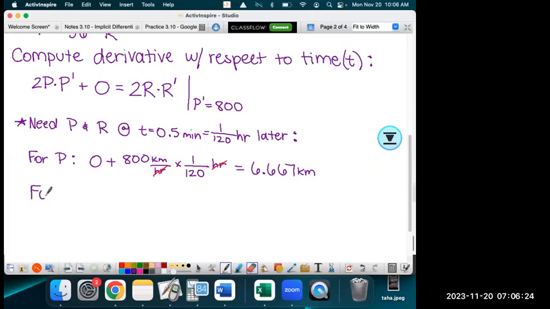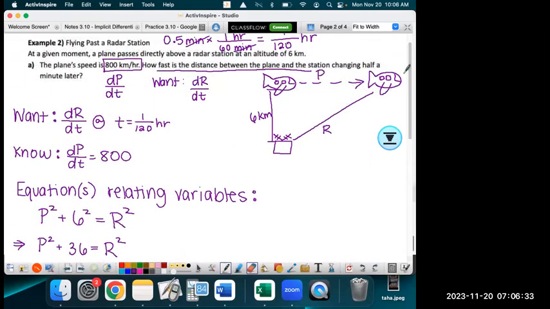Then for r, what do you think we could do to figure out what r is, knowing that p for where we want is 6.667 kilometers?